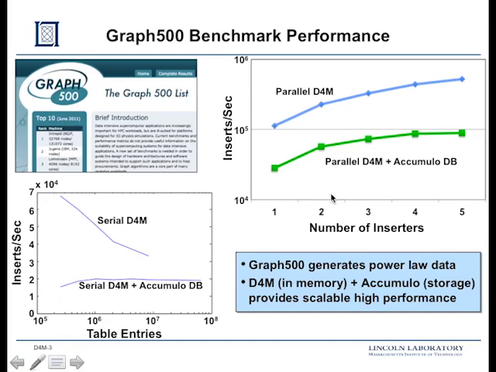In the last class, we showed how to do parallel inserts, and this shows parallel inserts here on a single node database. D4M itself is basically just taking this number and scaling it up, and also into the database. So here, with a single node, single core database, we're getting like 100,000 inserts a second.